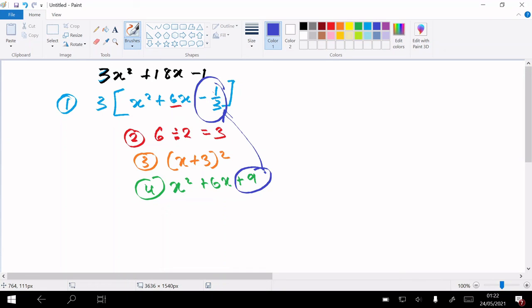That is by doing -28 over 3. Then one final step, which is to rewrite the whole thing as x plus 3 whole squared minus 28 over 3.